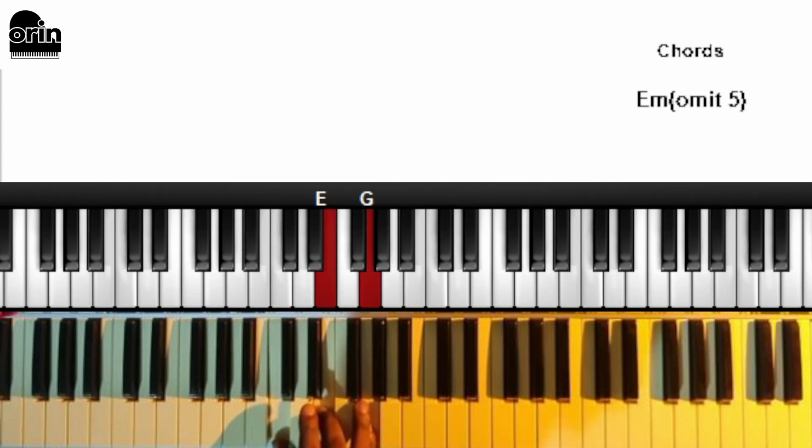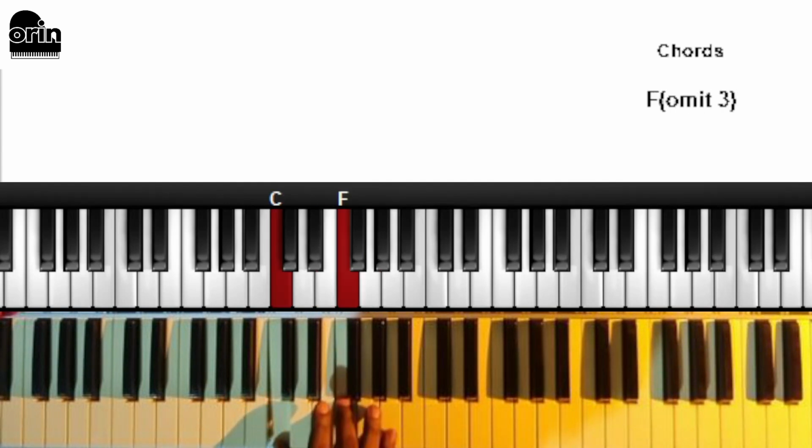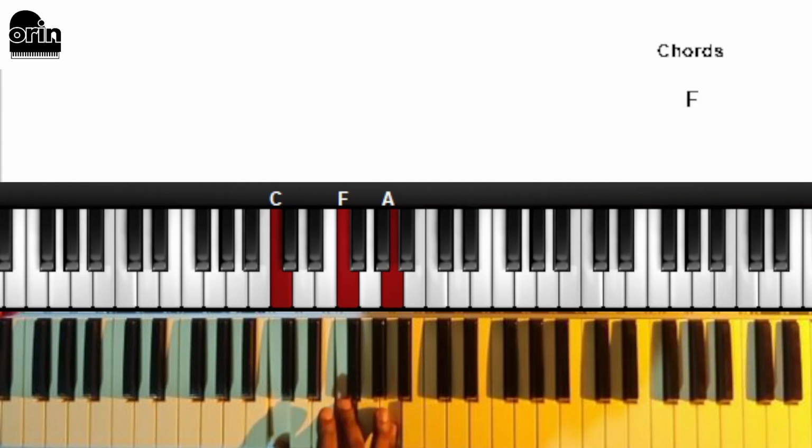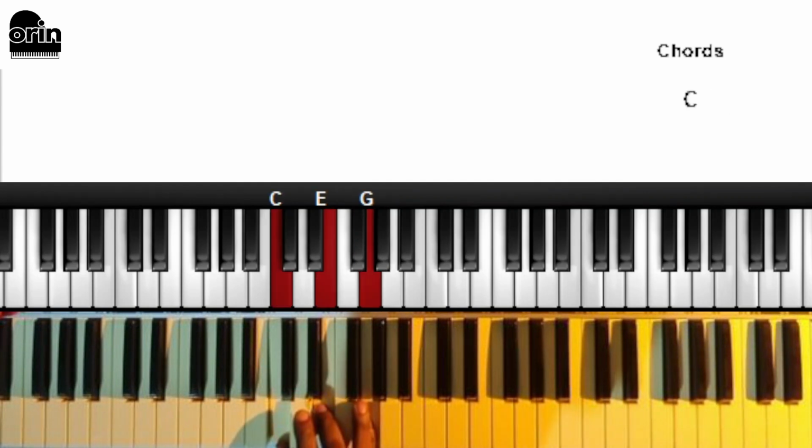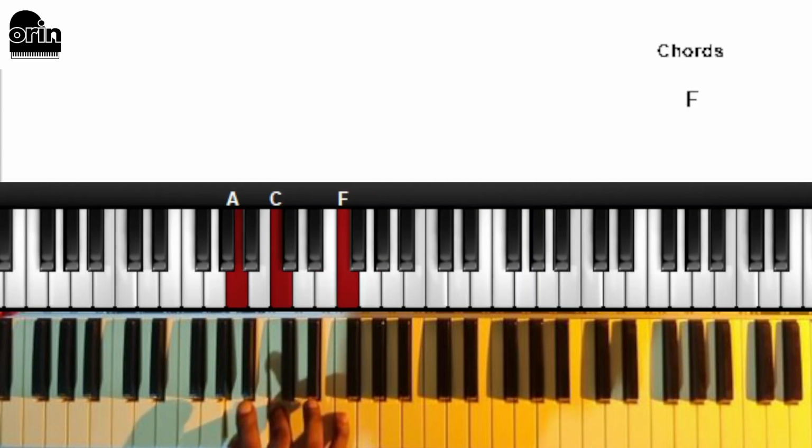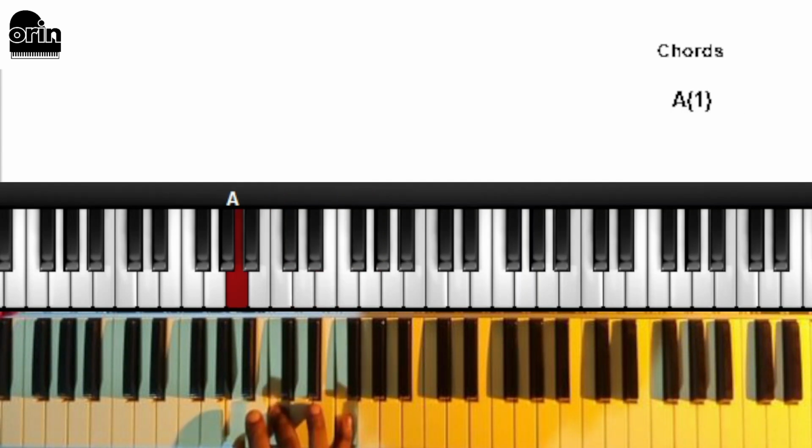Now I don't even have to lift my thumb. My thumb can remain in the same position. Why? Only the middle finger and the pinky change to half F. Or you can even do this. C still remains the same.